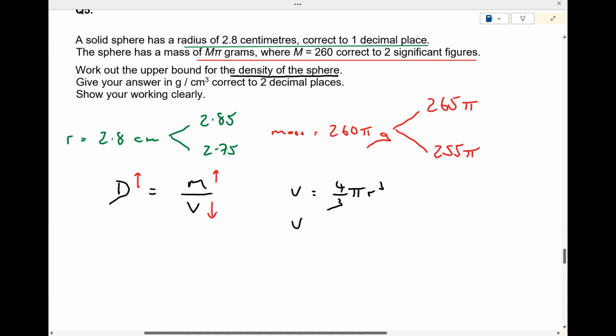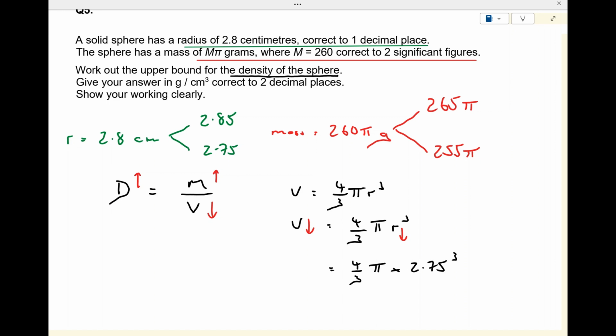So the lower bound of the volume will be 4/3 pi r cubed. We want the lower bound of the volume, so I'll use the lowest possible r. So the lower bound will be 4/3 pi times the lowest possible r, 2.75 cubed.